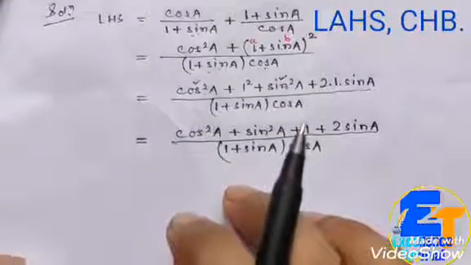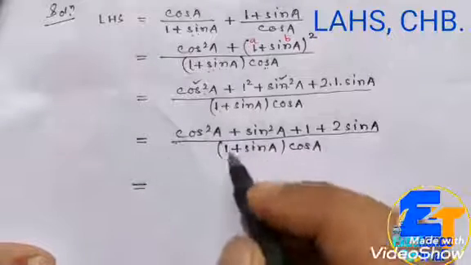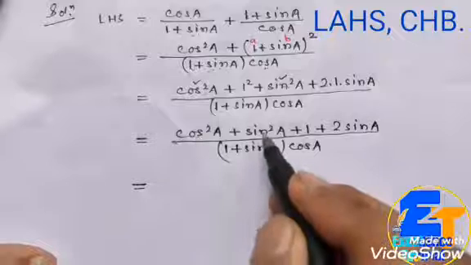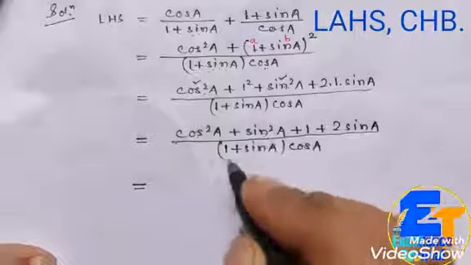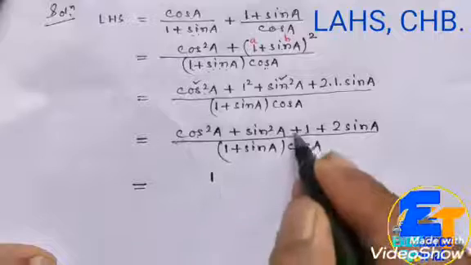Now see the next step. In this step we can apply the trigonometric identity, that is cos square A plus sin square A. As you know, cos square A plus sin square A, its value is 1.